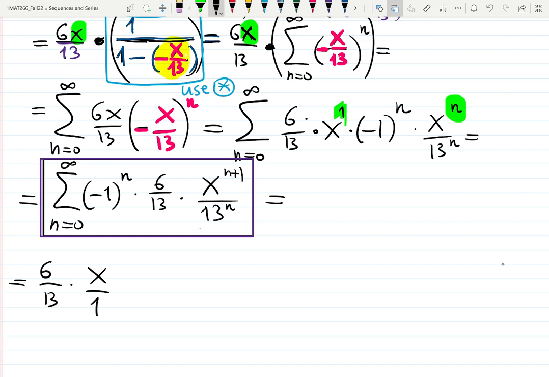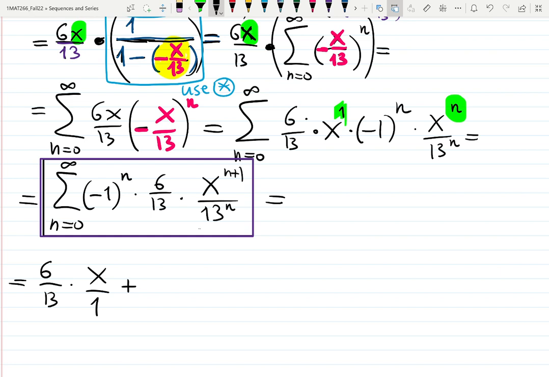Let's check. Okay, fine. Let's keep it. Is it correct when n is 0? Looks good to me.